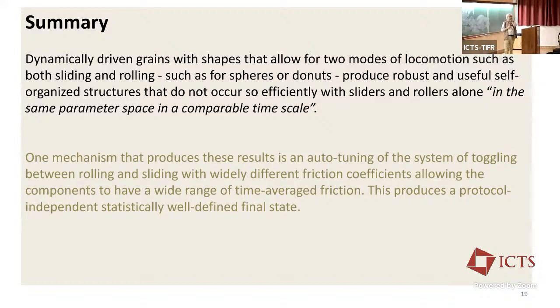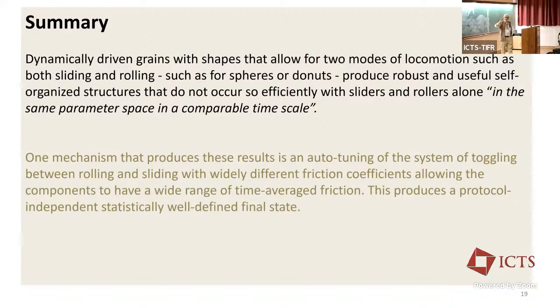If you look back and go to the earlier papers where everything is written in far greater detail, you will see that everything depends on systems toggling. A particle toggles between a state of sliding and a state of rolling.